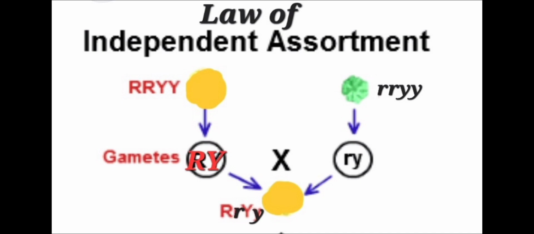Okay, let's understand with the help of a dihybrid cross involving the seed shape and the seed color of pea plants.